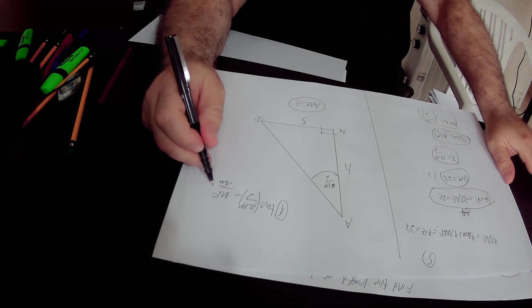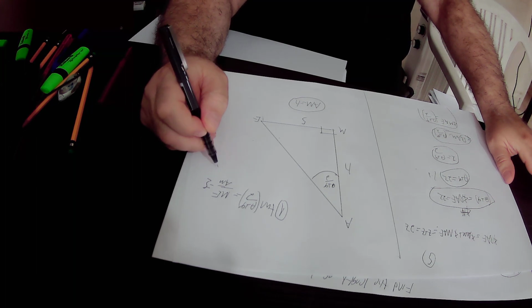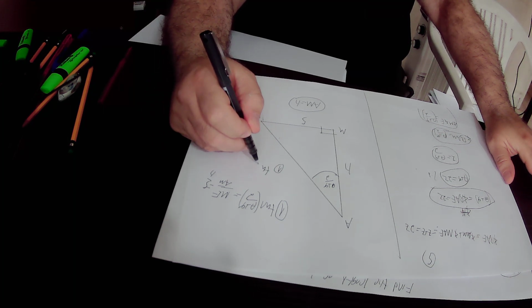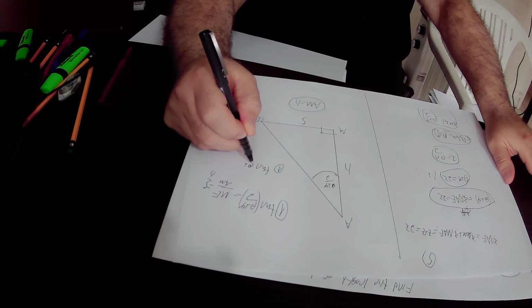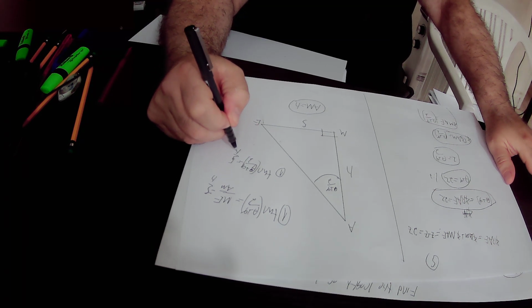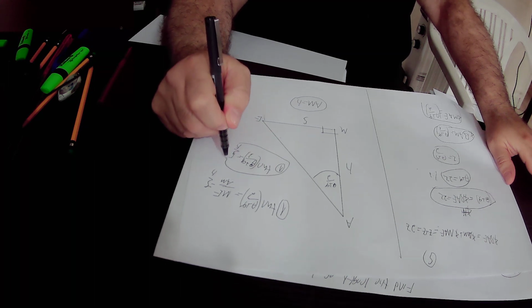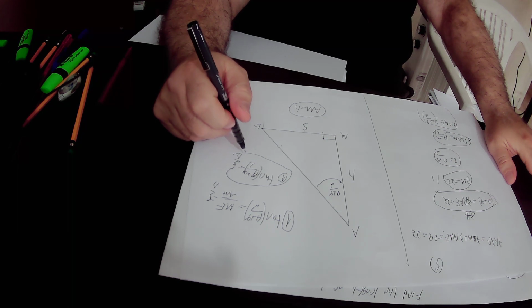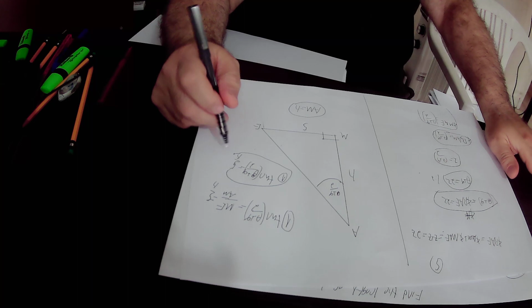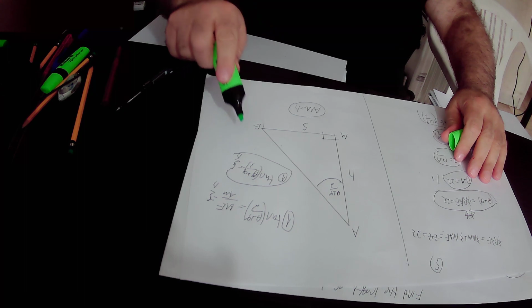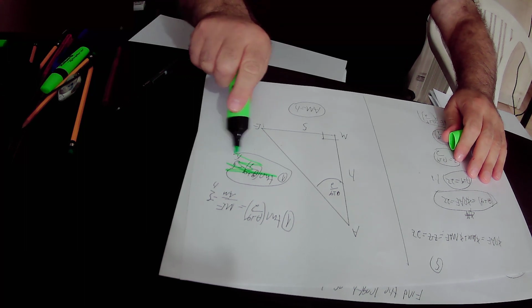But ME equals 5 units and AM equals H. So according to equation number 1, tangent of theta plus alpha over 2 equals 5 over H.